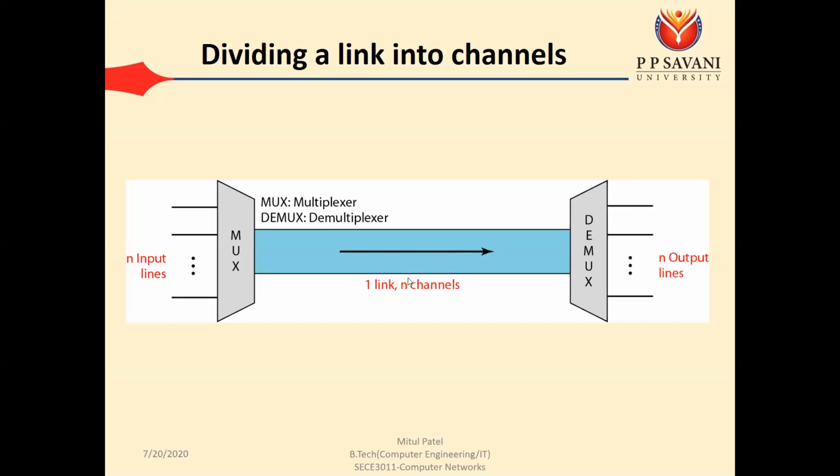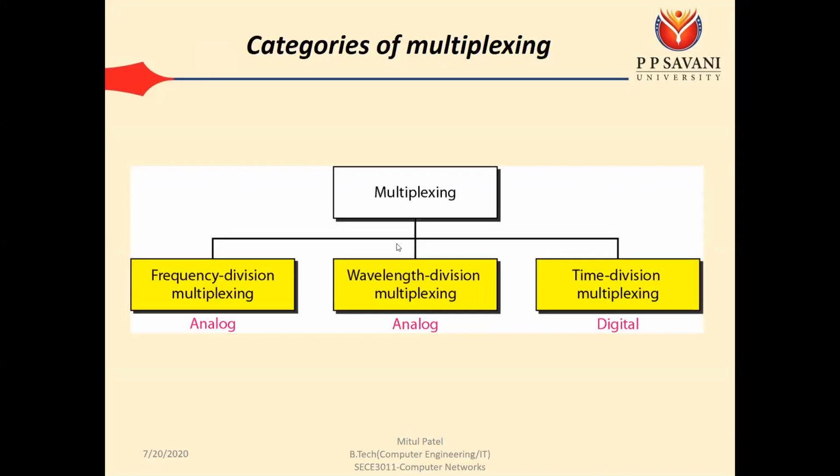Multiplexing can be frequency division multiplexing, that is FDM, wavelength division multiplexing, that is WDM, or time division multiplexing, that is TDM. FDM and WDM are majorly used for analog signals, while TDM is used for digital signals.